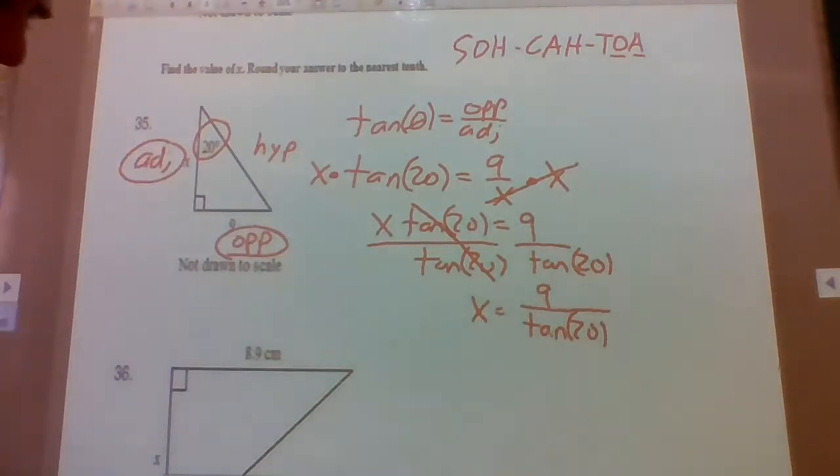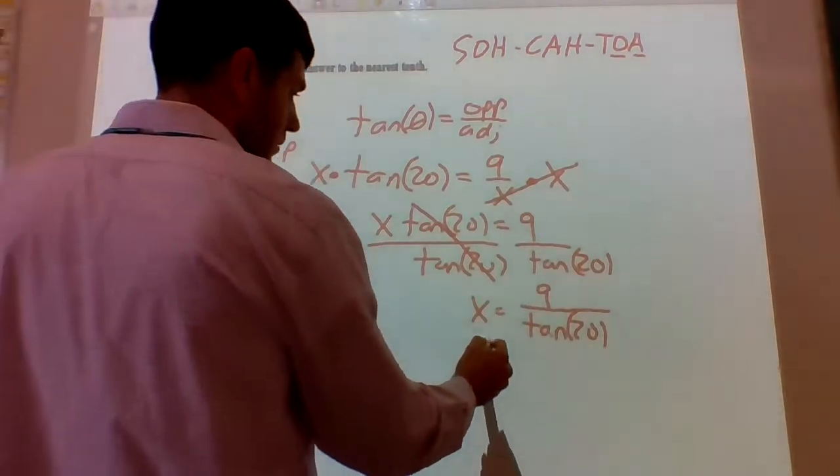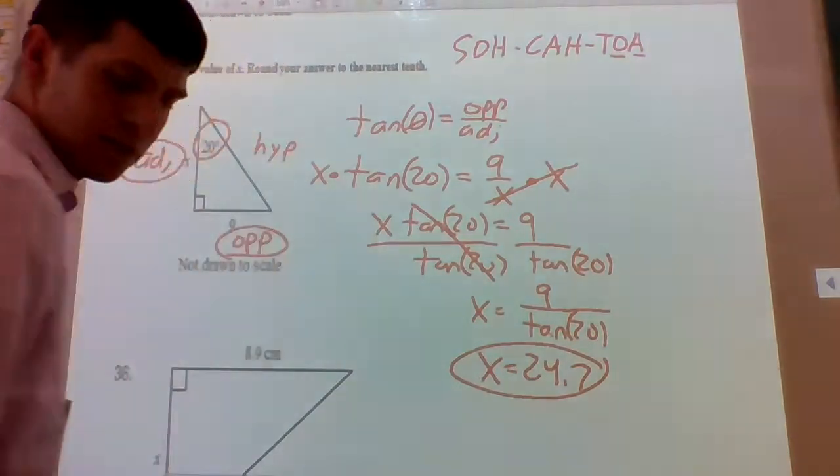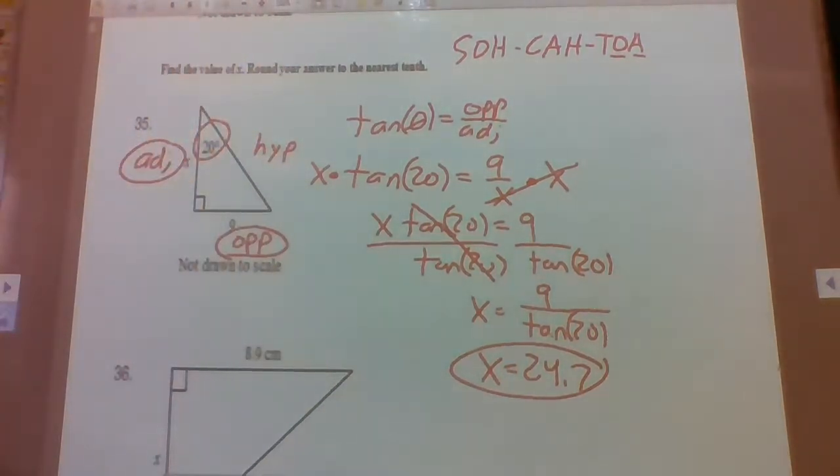If we take our calculator, we have 9 divided by the tangent of 20, and that's going to be 24.7. We're rounding to the nearest tenth, so it was 24.727. Two is less than 5, so we stay at 7.